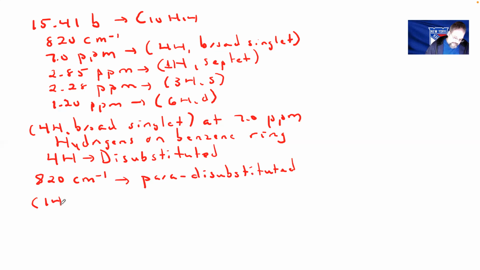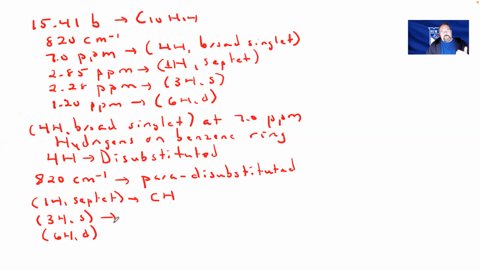Next thing I probably want to take a look at is the 1 hydrogen septet, because the only thing that could be is a CH. Now, again, the benzene ring is 6 carbons. This is carbon 7. So that leaves us with a 3 hydrogen singlet and a 6 hydrogen doublet. For the 3 hydrogen singlet, 2 possibilities: 3 equivalent CHs, which it can't be here because there's only 3 carbons left, or it could be a CH3.